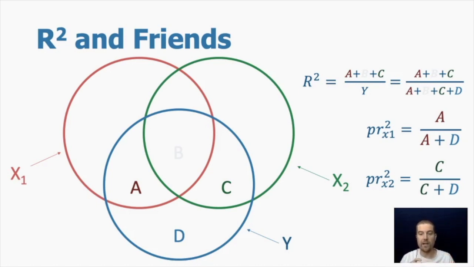So to get the partial R squared for x2, we drop A and B, we take that out, and we just have what's left in C and D. So we do C divided by C plus D. And that's your partial R squared. Your R squared is everything together divided by all of Y. The partial ones take out what the other variable is explaining and just look at what's left over.